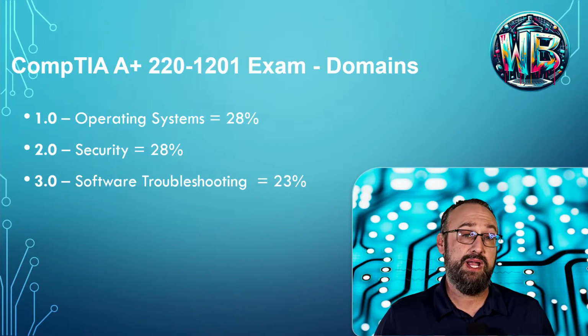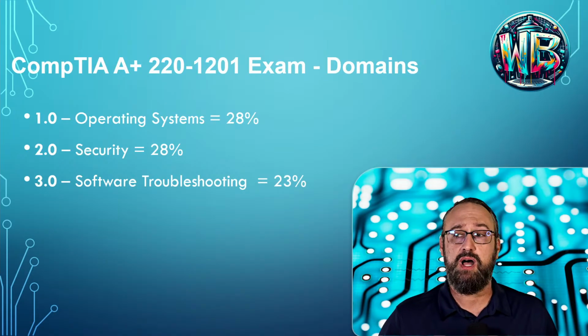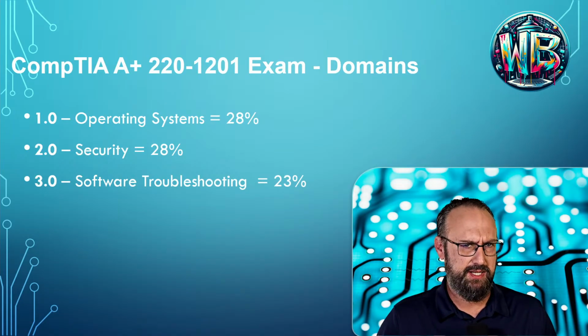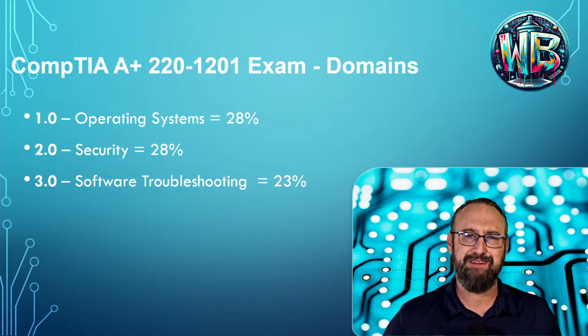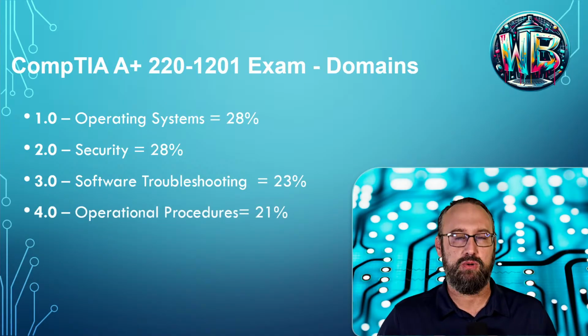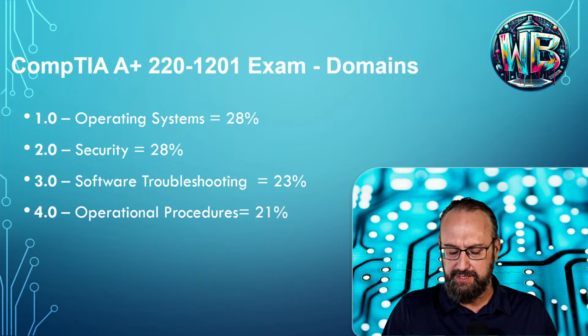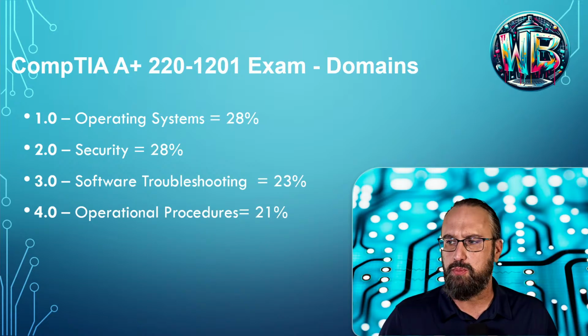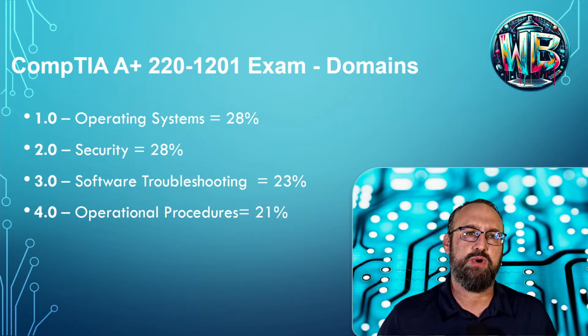All right, so that's domain 3.0, the software troubleshooting domain. Notice we can see a lot of software focus. Next up, the final domain, is the operational procedures domain. 21% here. This is where you learn some of the professionalism and communication.